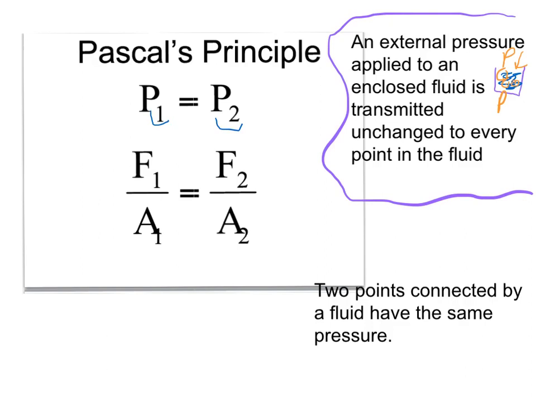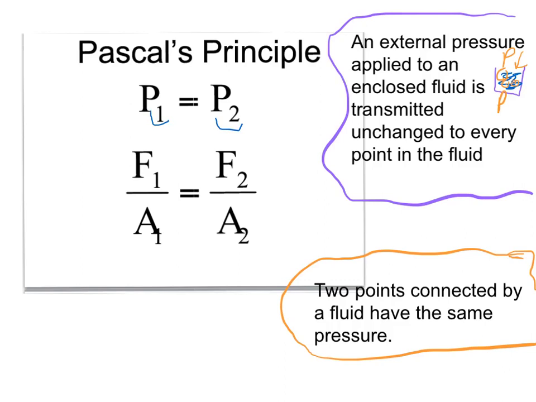I like to relate this back to the ideas from Newton's second law that connected objects must have the same acceleration, and say that 2 points connected by a fluid have the same pressure. So any points in space connected by a fluid in a container get the same pressure, just like connected objects had the same acceleration.